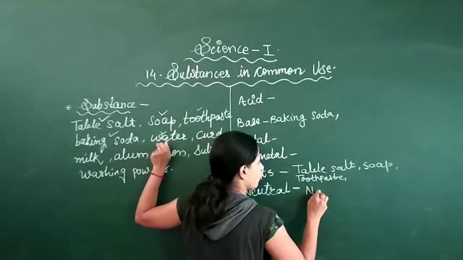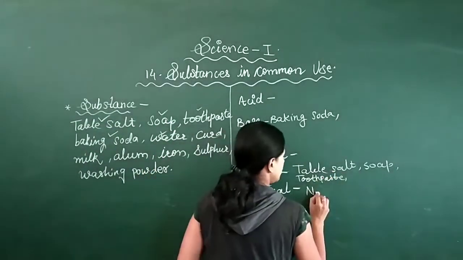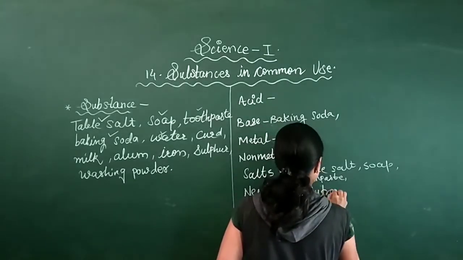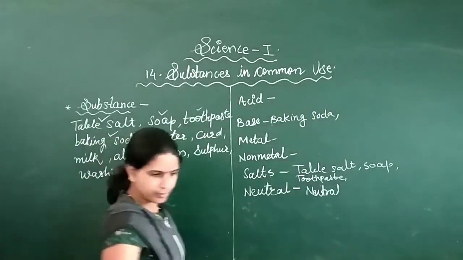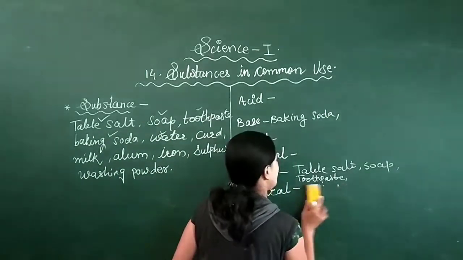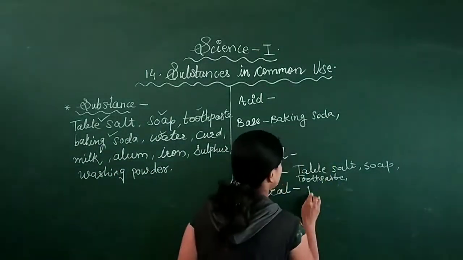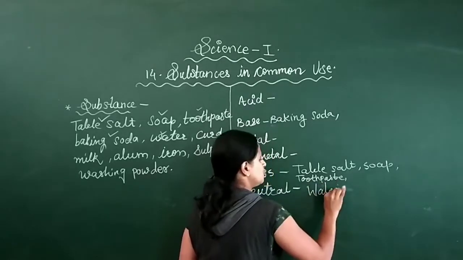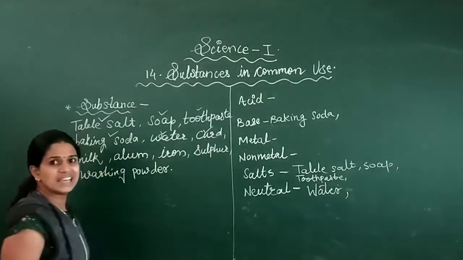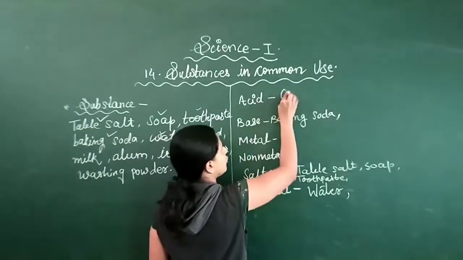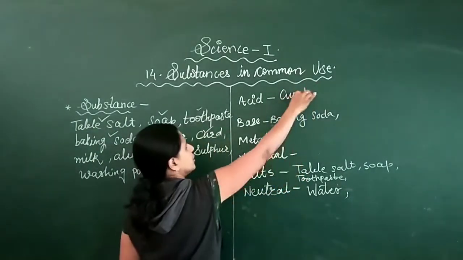So write down water, sorry, we have to write water here under neutral. So your water is neutral. Then the next one is curd. You know that curd is acidic in nature, so write down curd here.